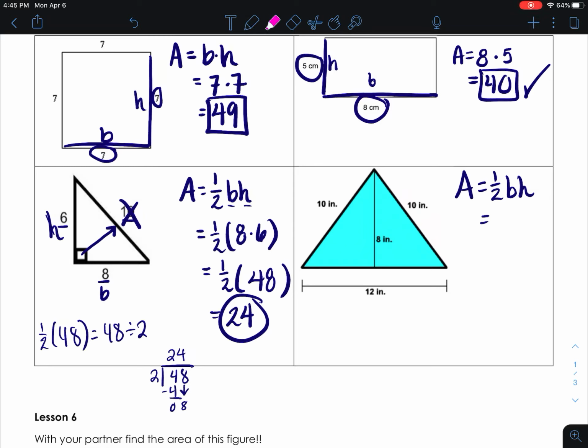Okay, so you should have identified the 12. Remember it's at the bottom, so that's my base. Now, up here we have these 3 numbers. Remember, if it's on this slanty side right here, you terminate it. Don't use it.